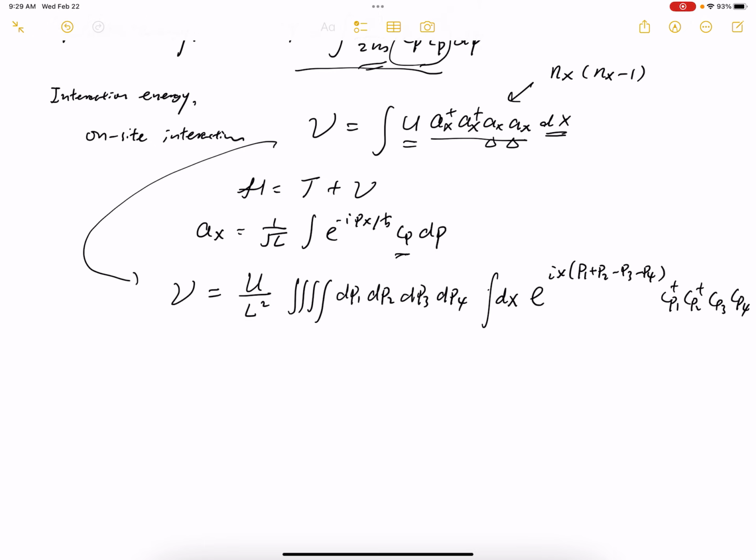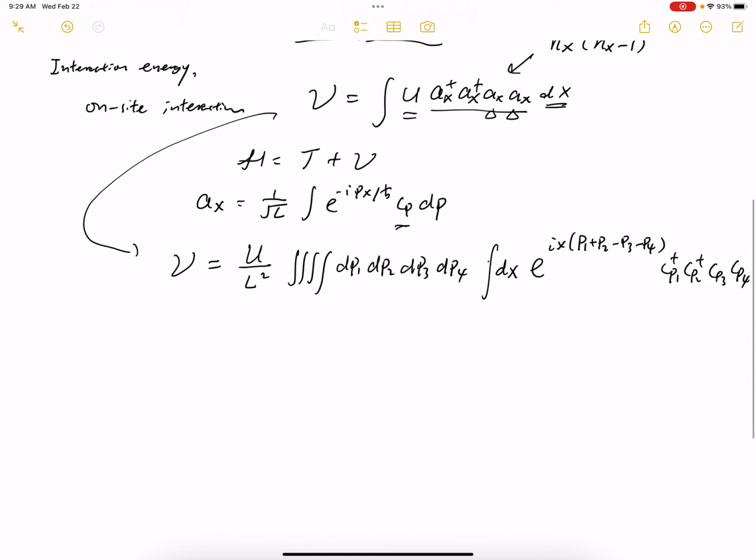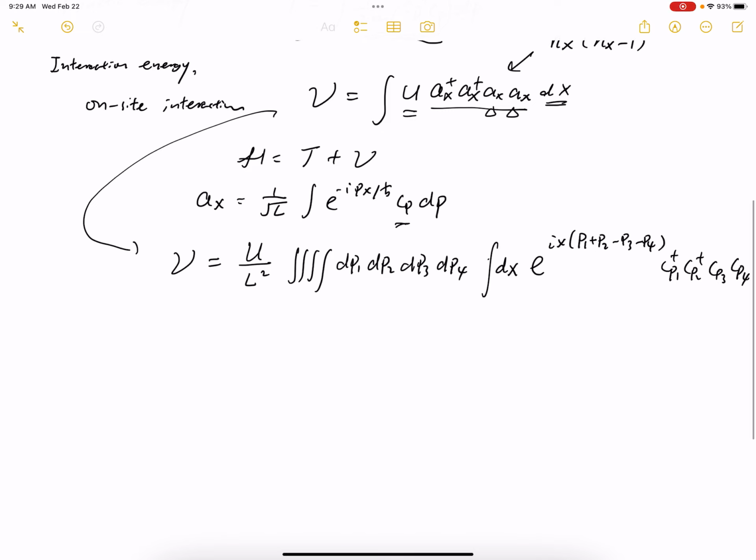Okay, that looks a bit complicated. We're going to gradually simplify this down to something we can actually manage. The first thing we notice is that we should have momentum conservation here, and there are a couple of ways to see this. First, look at this Fourier factor, and we know there's this delta function.